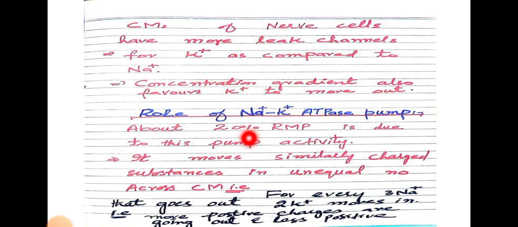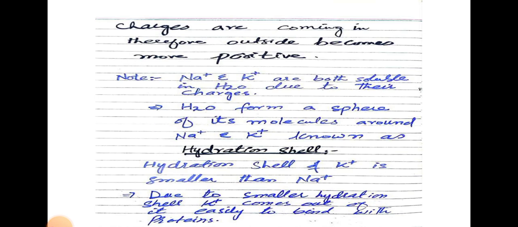It contributes 20% to the establishment of minus 70 millivolts, because for every 3 positives that go out, only 2 positives come in. Hence, outside becomes more positive and inside is getting more negative.